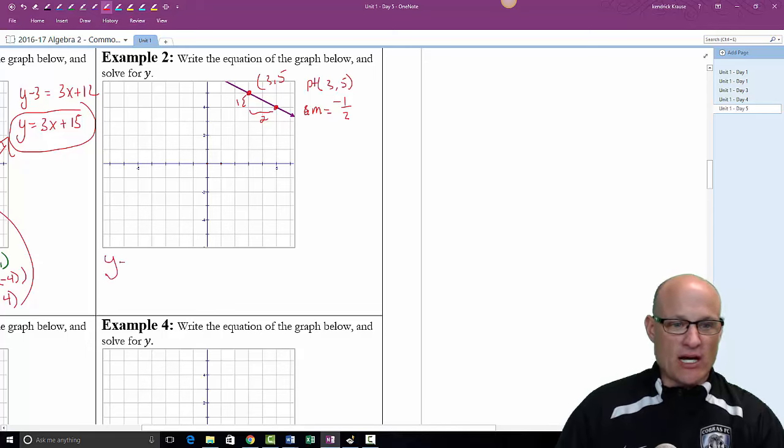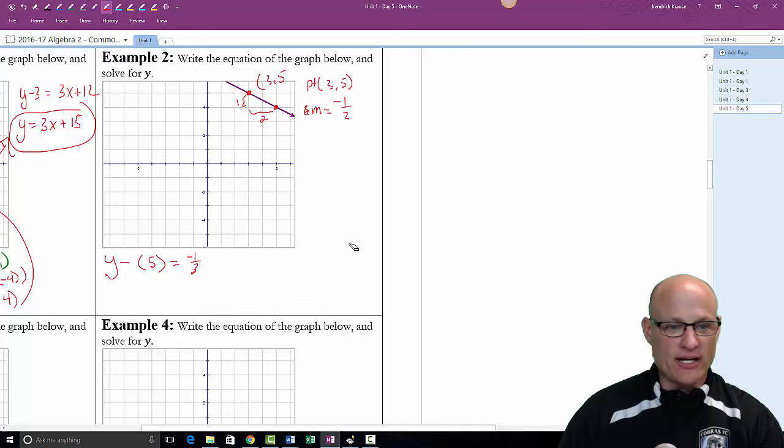I'm just going to sub in y minus the y value equals slope negative 1/2 times x minus 3. So we get y minus 5 is equal to negative 1/2 x plus 3/2.